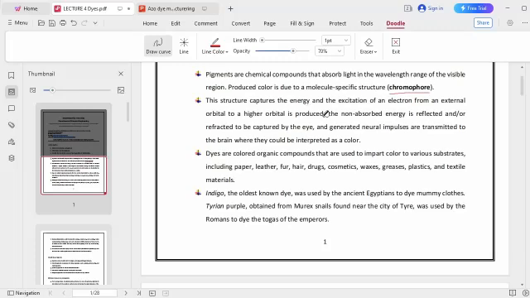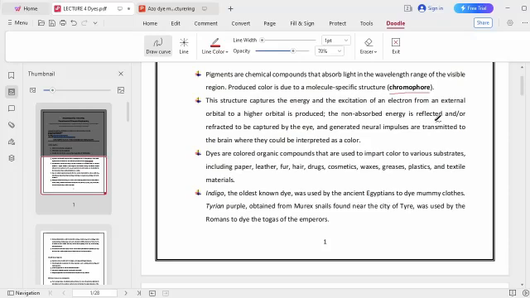And this structure can absorb energy or electrons from a source such as the light or from artificial energy sources. And when they absorb this energy, they can reflect some of the energy.